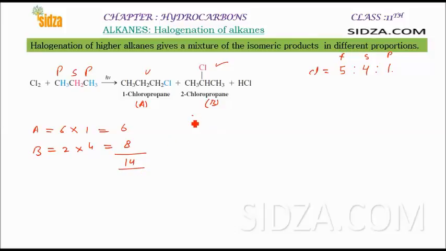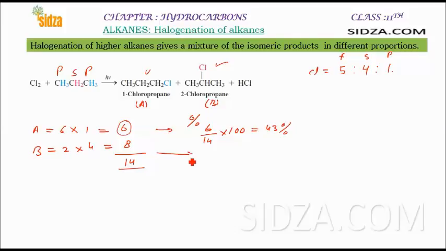And what is the percentage? Let's calculate the percentage of A. The percentage of A will be calculated by dividing this 6 value by 14, into 100. 6 by 14 into 100 is 43%.